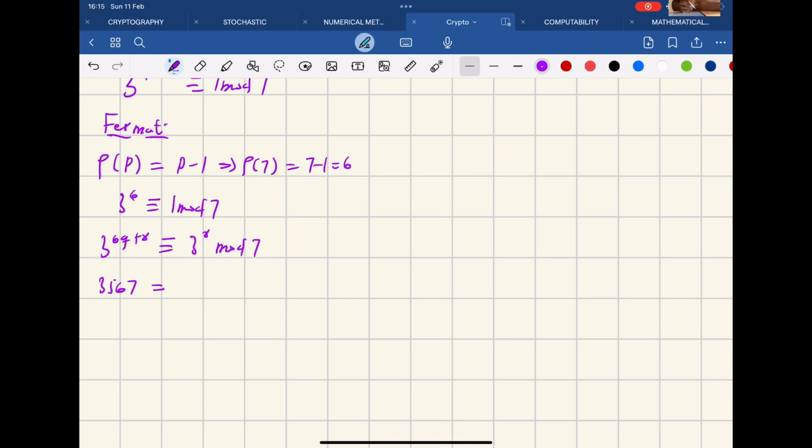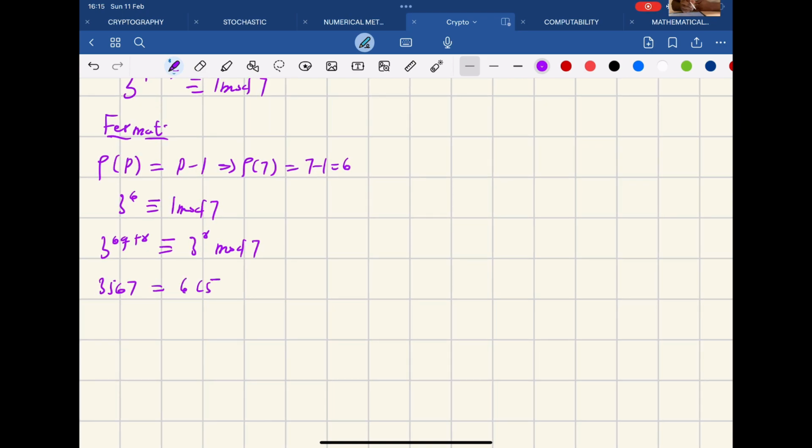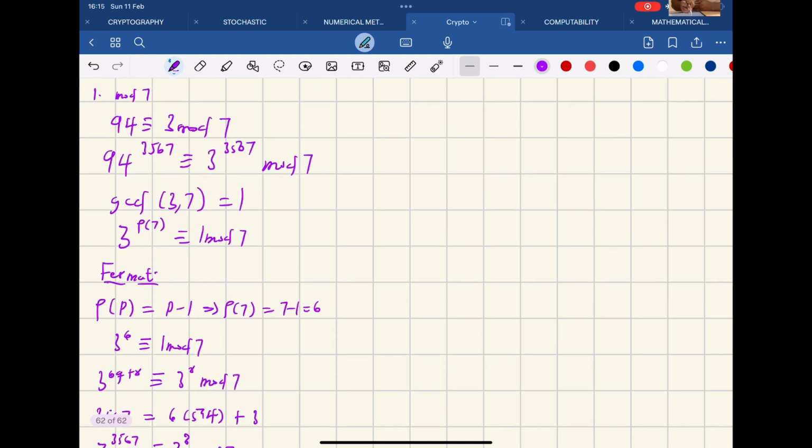If we divide 3567 by 6, we get 594 with a remainder of 3. So 3 raised to the power 3567 is congruent to 3 raised to the power of the remainder, which is 3, mod 7.